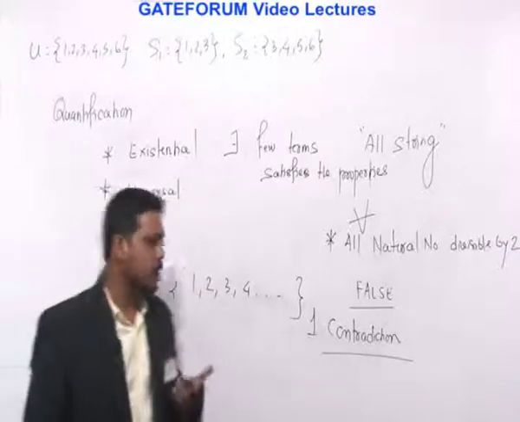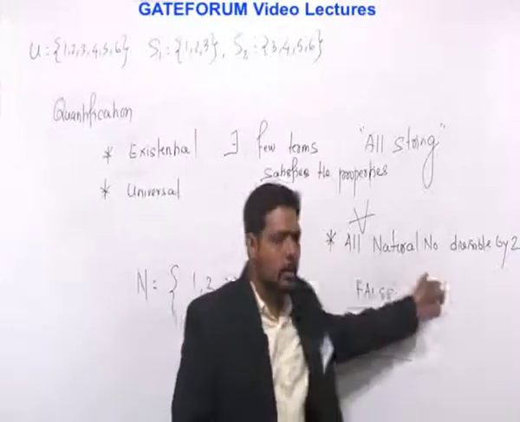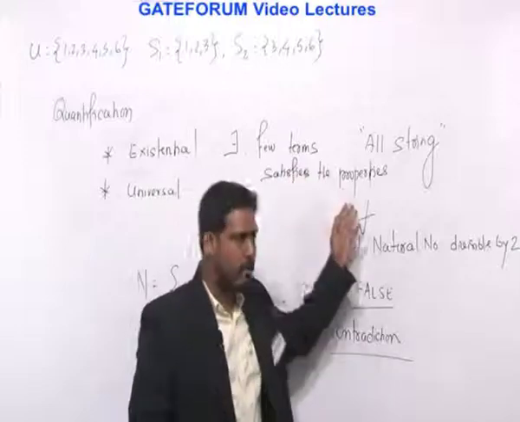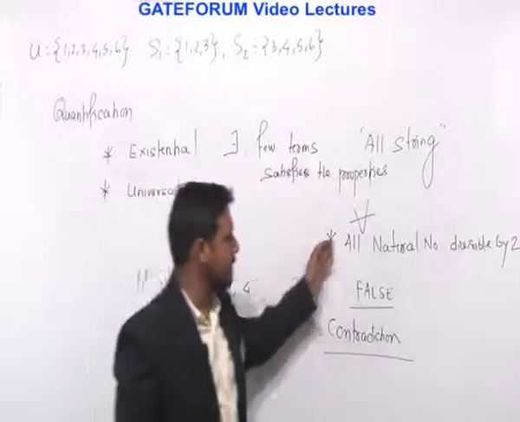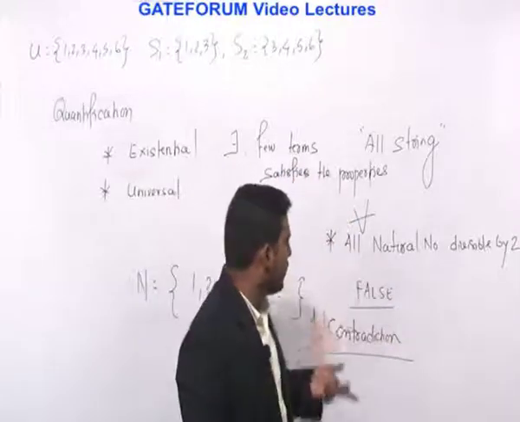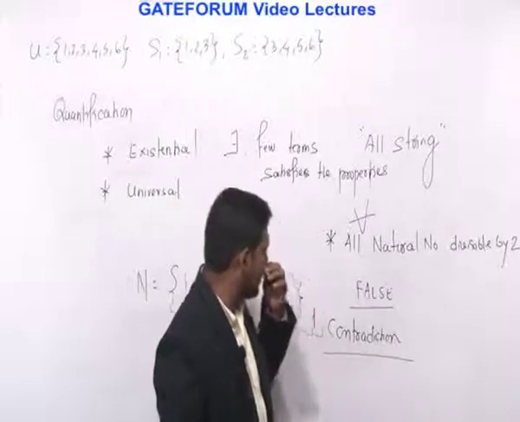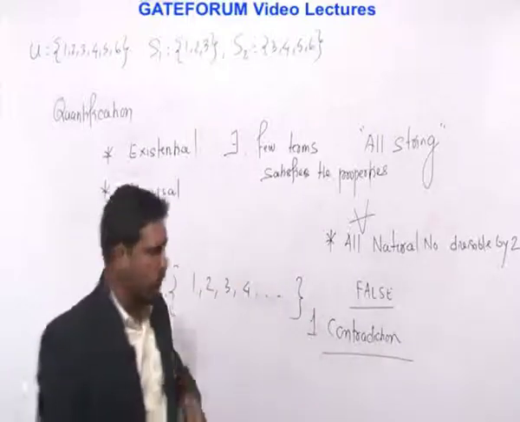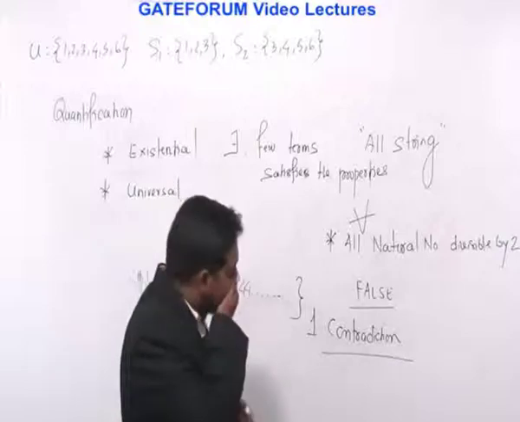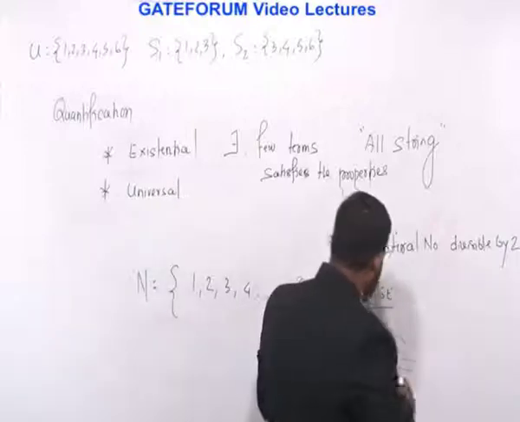So find an element that dissatisfies the property. This statement is commenting on all elements, so find a natural number that is not divisible by 2 and give a contradiction.